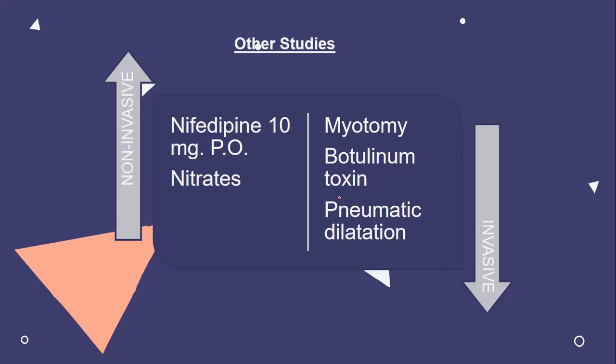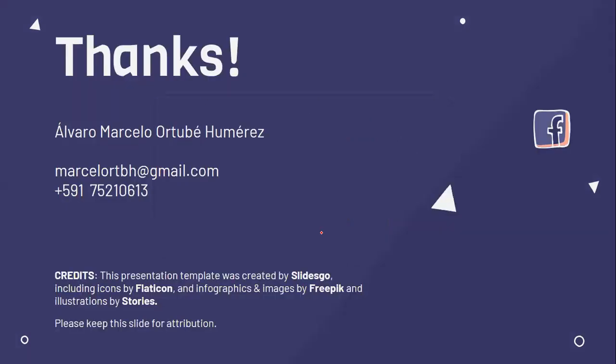We put air inside it, and we would destroy the muscular fibers of this lower esophageal sphincter. However, this is not widely used because in the long term it would cause reflux. Okay, so that would be it, guys.